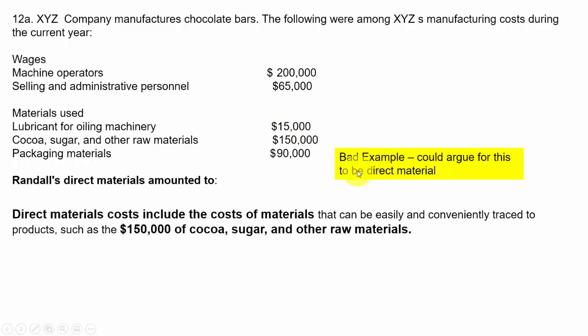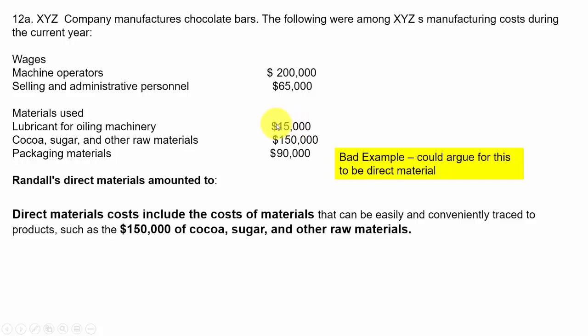So the answer to the question is this: direct materials include the cost of materials that can be easily and conveniently traced to the products, such as the $150,000 cocoa sugar. So that for sure is direct materials. They didn't include the lubricant as direct material because, again, that's not something you're actually selling to the customer.